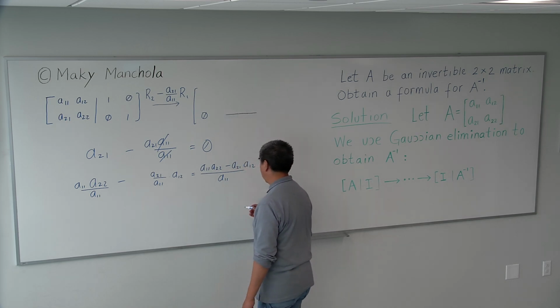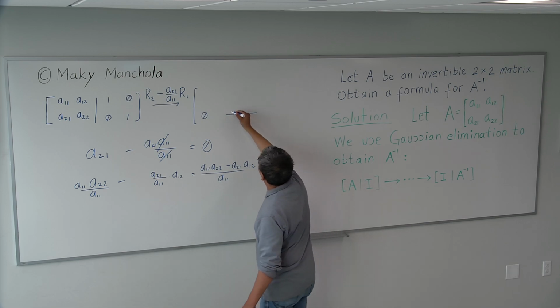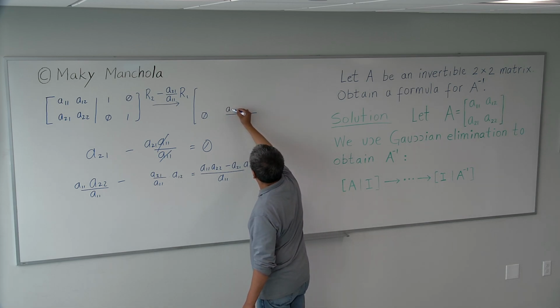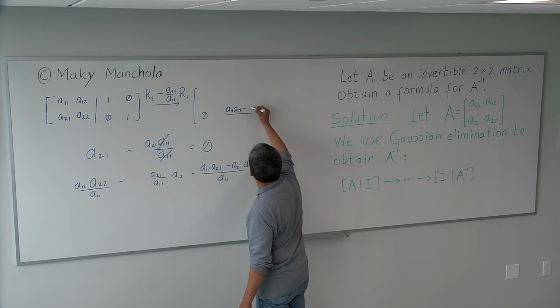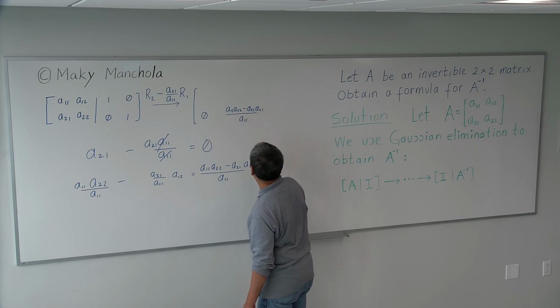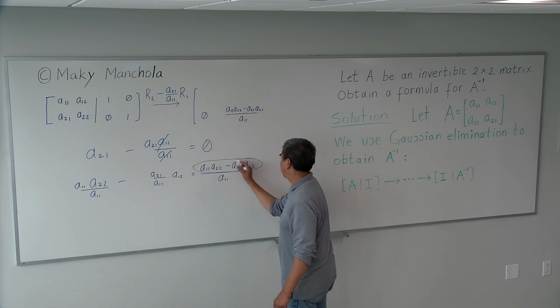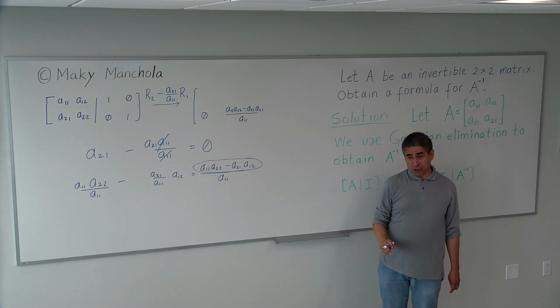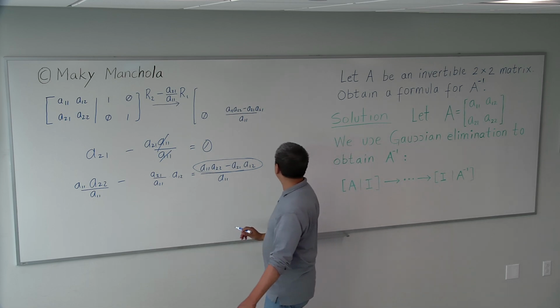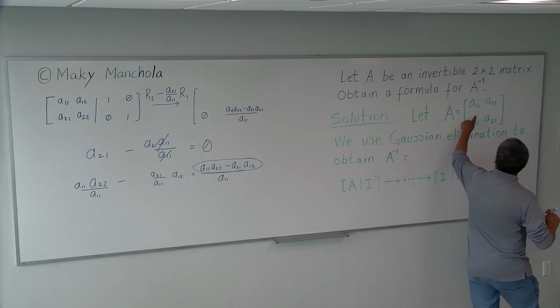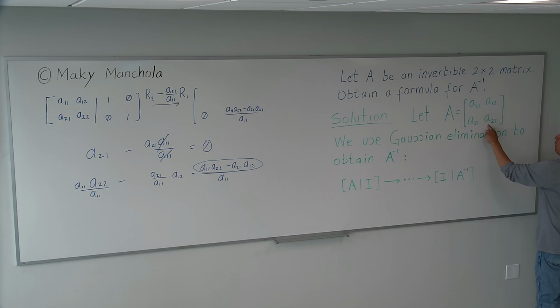It's a little bit long. Let's make an effort to write it more efficiently. I can replace that expression with the determinant of A, because that is the determinant of A: A11 A22 minus A21 A12.